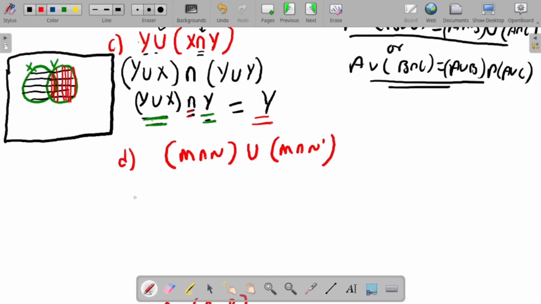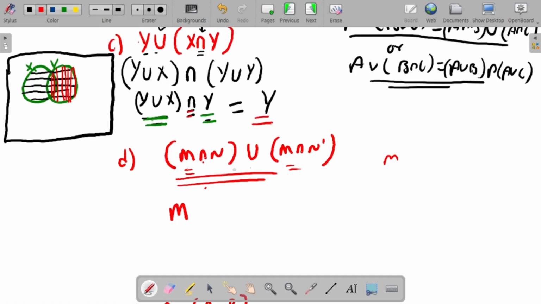You can just submit it in the comment section, but what I can do is help you interpret it. We can apply the distributive law here. We have got two set operations, plus we have got what's similar here and there. In this case it's m, so we're going to bring out m since m is similar in both sets.